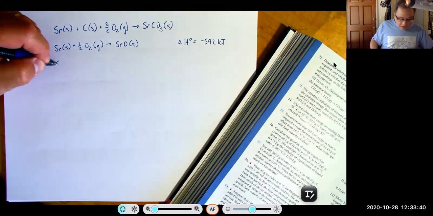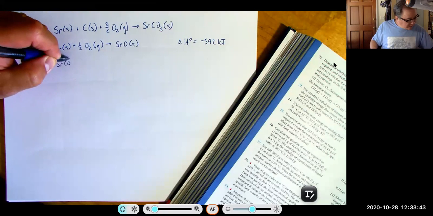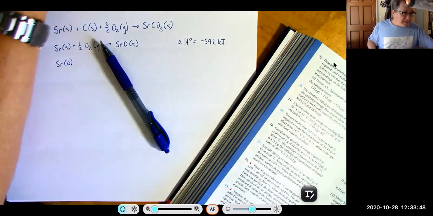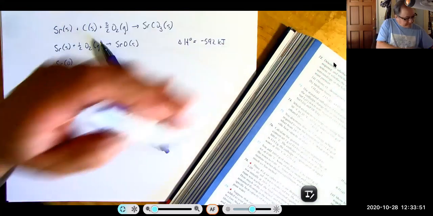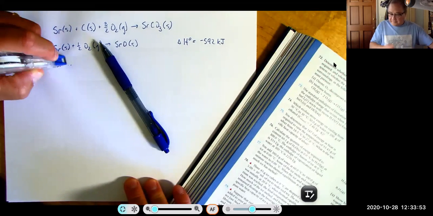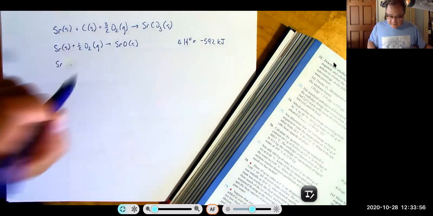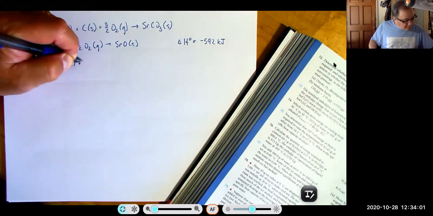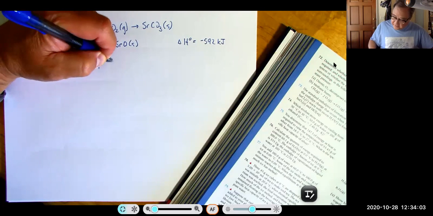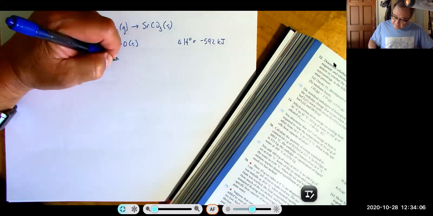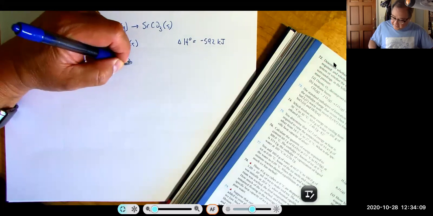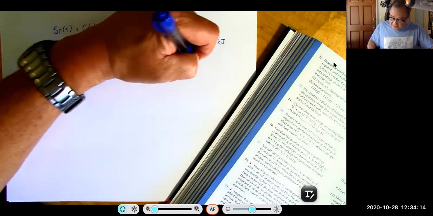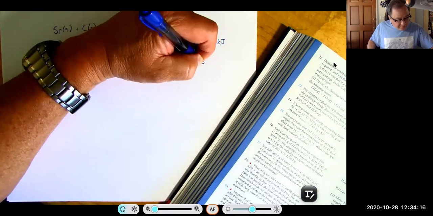They give us SrO, whoops. Let me wipe that out because I want to use that space. SrO solid plus CO gas gives me SrCO3 solid. And the change in enthalpy for this reaction is minus 234 kilojoules.